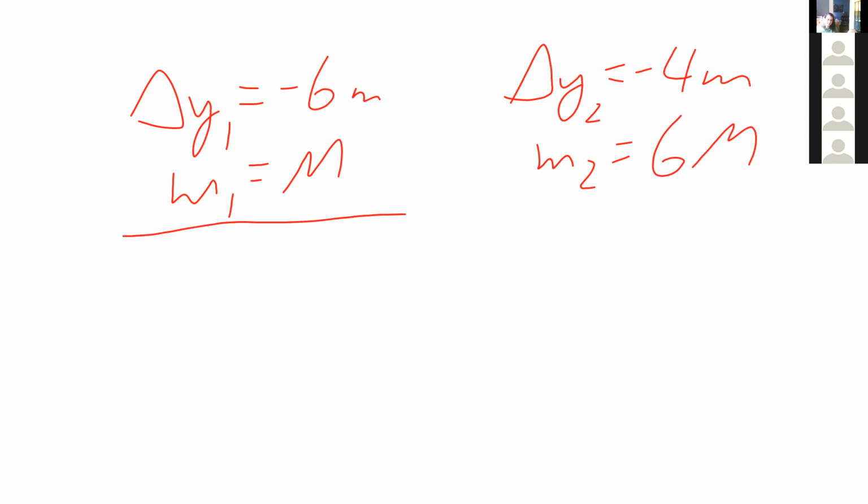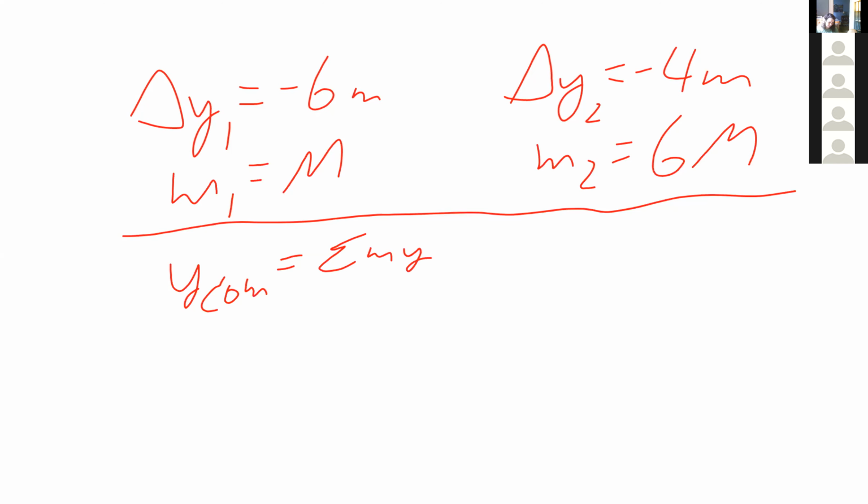Now, how do I actually find the position of the center of mass? For that, I know how to do this, right? I just need to do the y center of mass calculation, which is the sum of m times y divided by the sum of the m's.